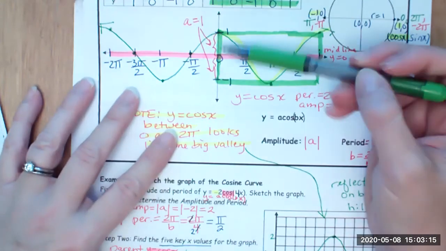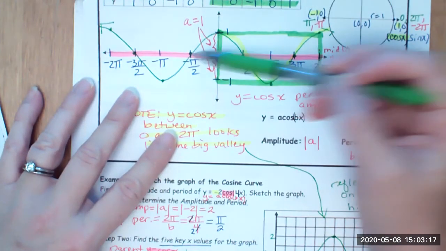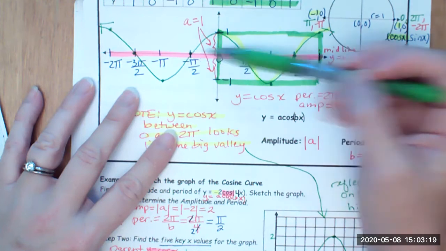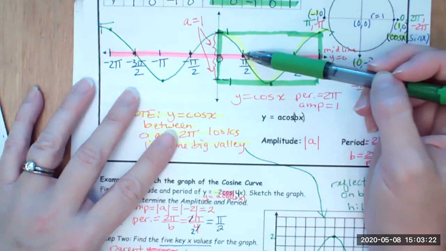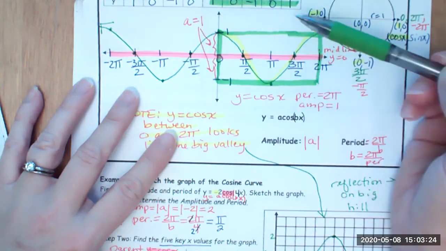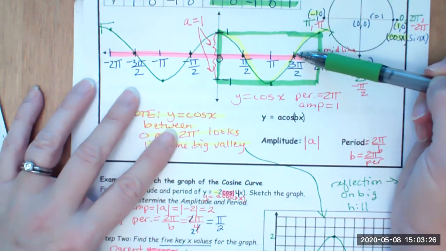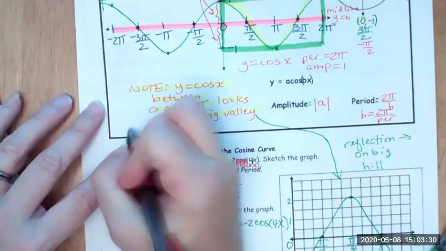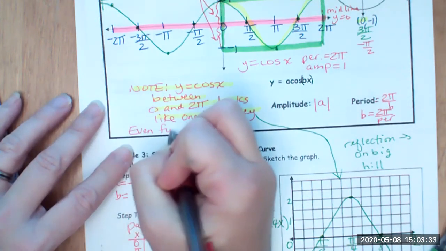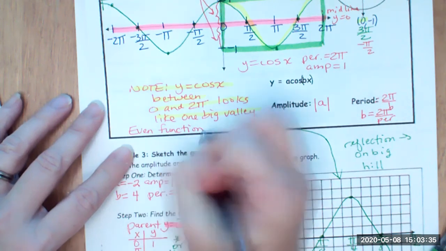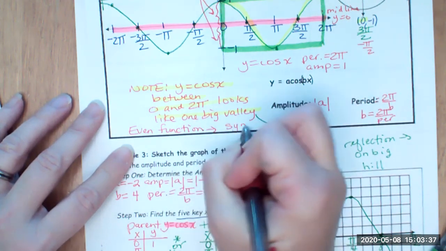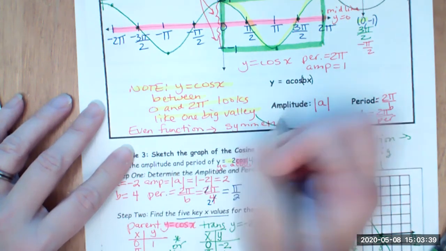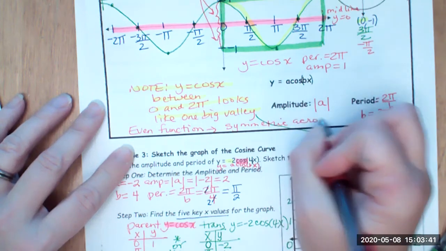Well, comparatively, if you look at cosine, on the other hand, at negative pi over 2 and at pi over 2, you have the exact same y values, at negative 3 pi over 2 and at 3 pi over 2, and so on. Okay, in other words, what you'll notice here is that cosine is an even function, because it's symmetric across the y-axis.